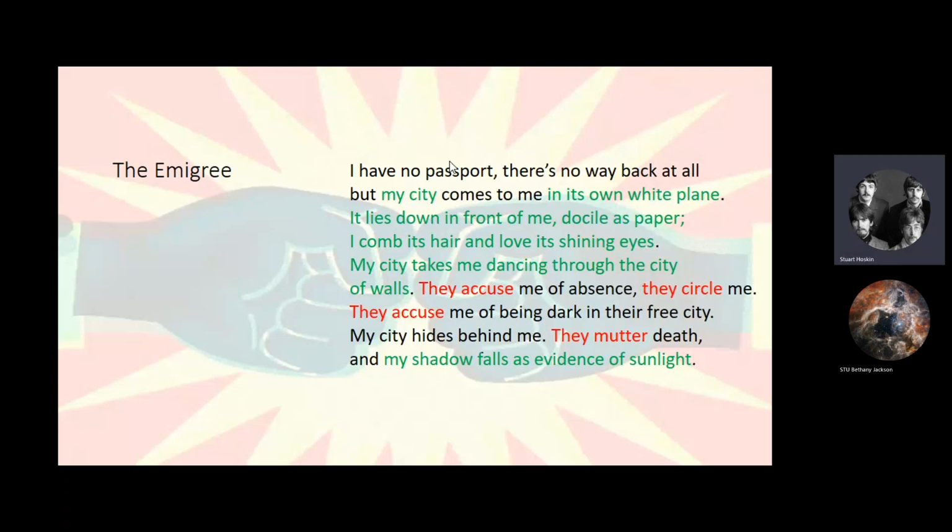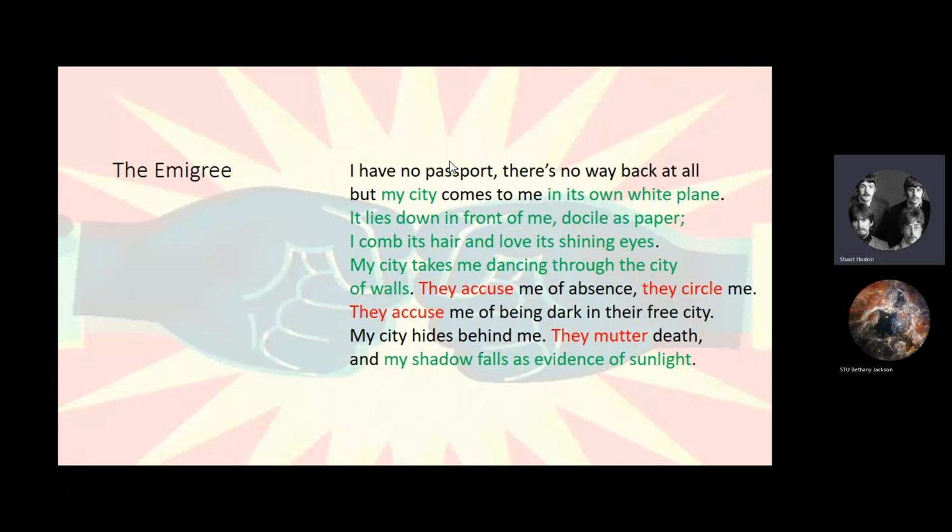That's what her image is to her, like some kind of comforting pet or part of her. When she goes on this imaginary visit back to what the city is now, she distinguishes her city from the city of walls, again, barriers up around. And her city takes her dancing, an expression of freedom, through the city of walls, a symbol of constriction. She can dance freely.